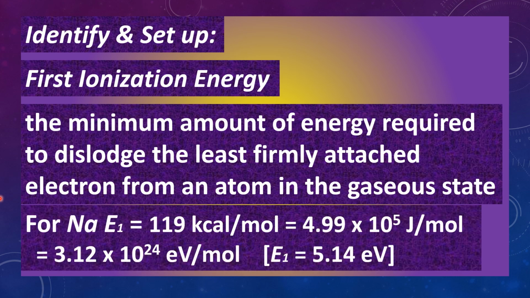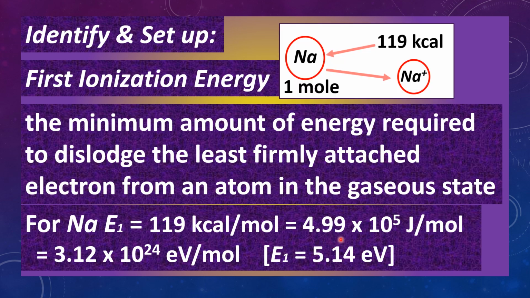For example, sodium atom has its first ionization energy equal to 119 kilocalories per mole, which when converted to joules, that's equivalent to 4.99 times 10 to the fifth power joules per mole, or in electron volts, that's also equivalent to 3.12 times 10 to the 24th power electron volts.